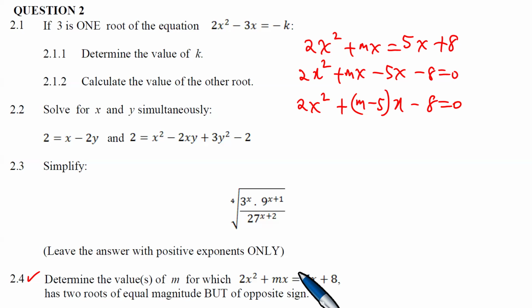Because we want to find the values of m, I must tell you that this question can be done without the discriminant. But we are interested in determining the values of m for which this equation has two roots of equal magnitude but opposite sign.